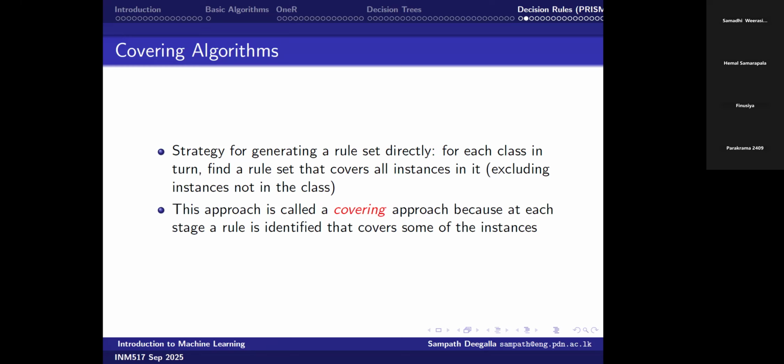We start with each class in a data set. For example, I can select generating rules for class yes, and once we finish class yes, then I can go for class no. This is called covering because we are trying to identify the coverage of the instances from the data set.